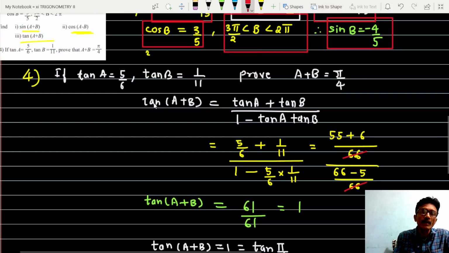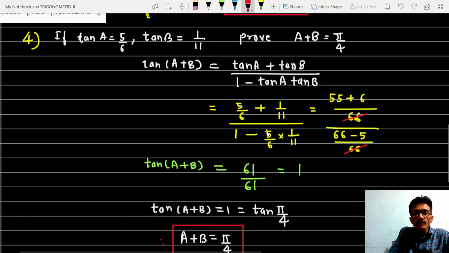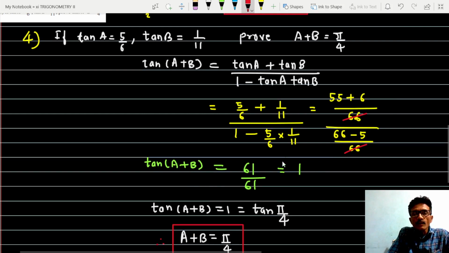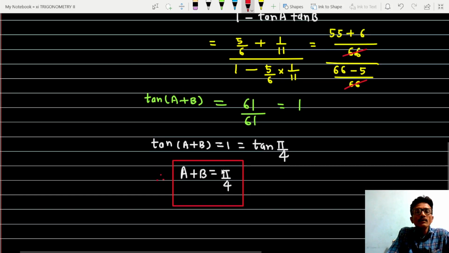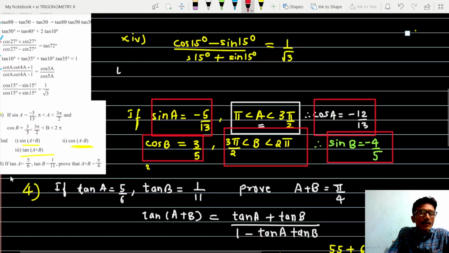We use the formula tan of A plus B equals tan A plus tan B upon 1 minus tan A into tan B. Substitute tan A and tan B, and on simplifying you get the answer 1. Therefore tan of A plus B is 1, but tan of pi by 4 is 1, that means A plus B is pi by 4. Yes, done. So we have shown here that A plus B is equal to pi by 4.